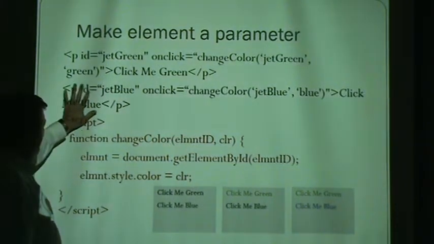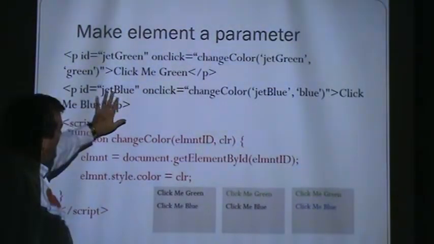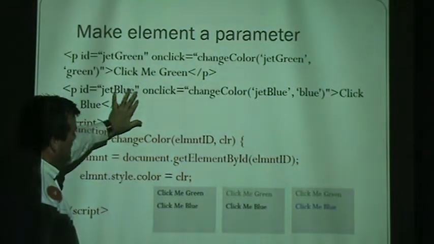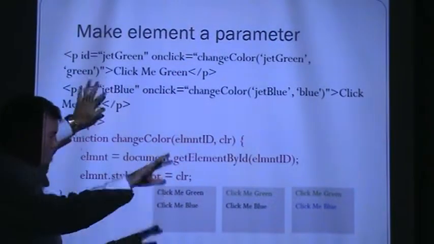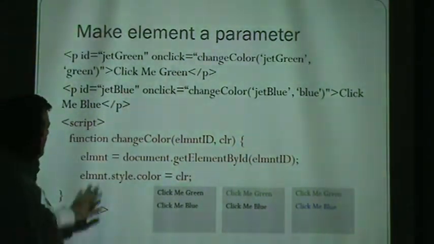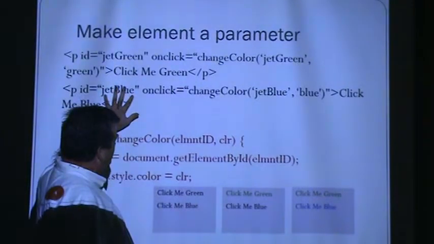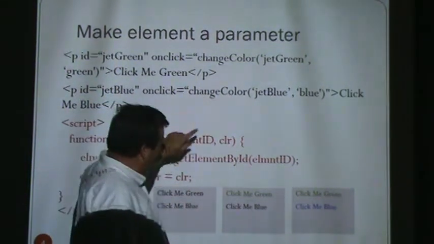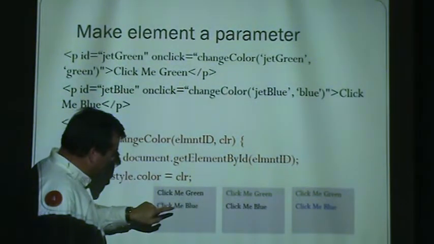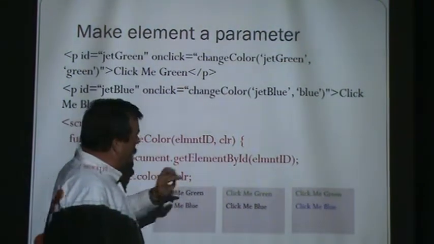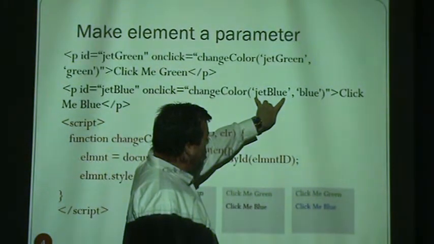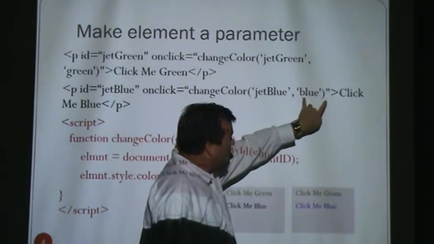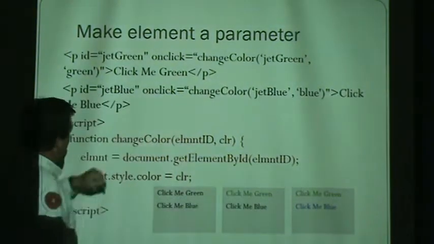And then I'm going to have another paragraph, and I'm going to give that the ID of JetBlue, so I can refer to that one. It's like having 2 dogs, and each one has a different name. So I'm going to call this one JetBlue. And if someone clicks on this one, click me blue, I'm going to say, take the one with the name JetBlue and change it to blue.